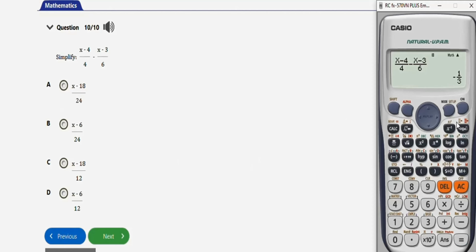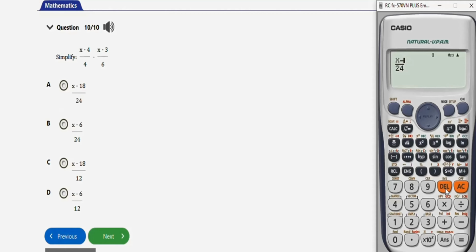Minus 1 over 3. So right now let's simplify. Any option that gives us minus 1 over 3 will be the answer. So we need option A. We have x minus 18 over 24. No, so let's check. We got minus 1 over 3 basically. So let's check option B. We have 6 here. No, let's check option C. Remember, I got minus 1 over 3.